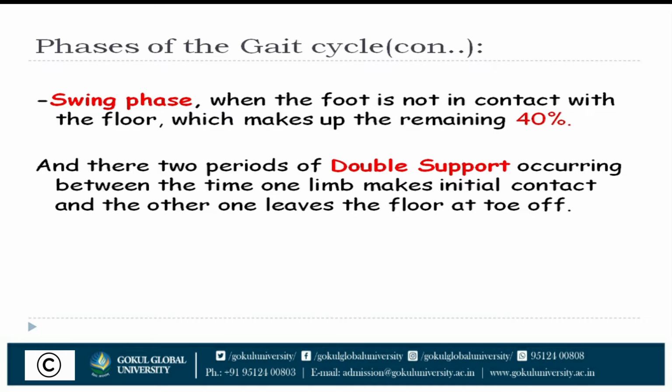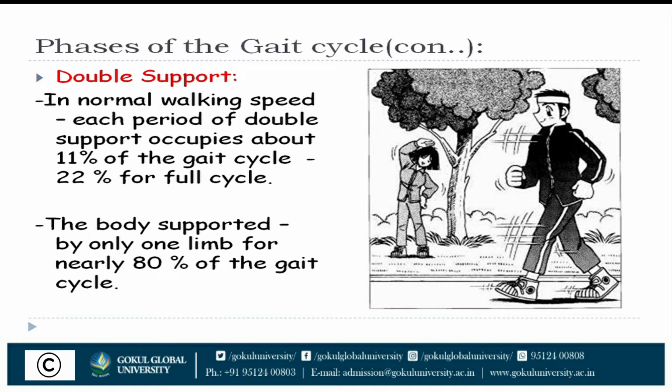There are two periods of double support occurring between the time one limb makes initial contact and the other one leaves the floor at toe off. At normal walking speed, each period of double support occupies about 11% of the gait cycle, and 22% of the full cycle. The body is supported by only one limb for nearly 80% of the gait cycle.